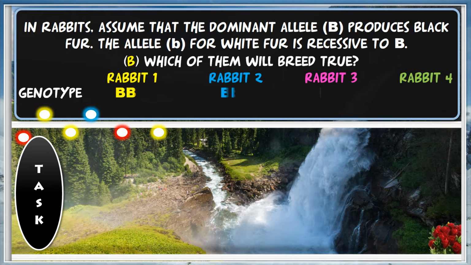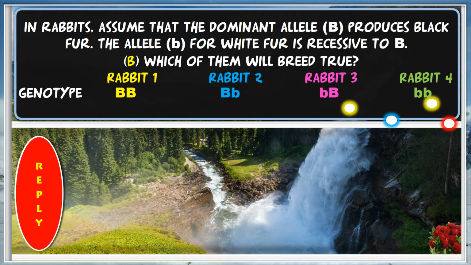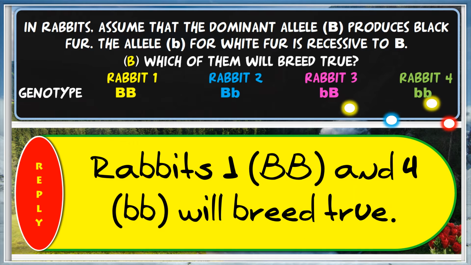Which of them will breed true? Rabbit 1, capital B, and 4, small b, will breed true.